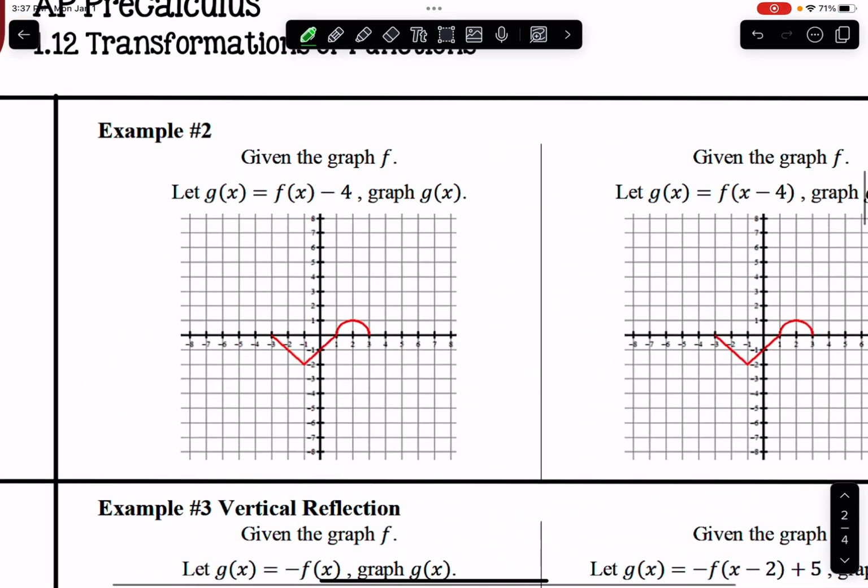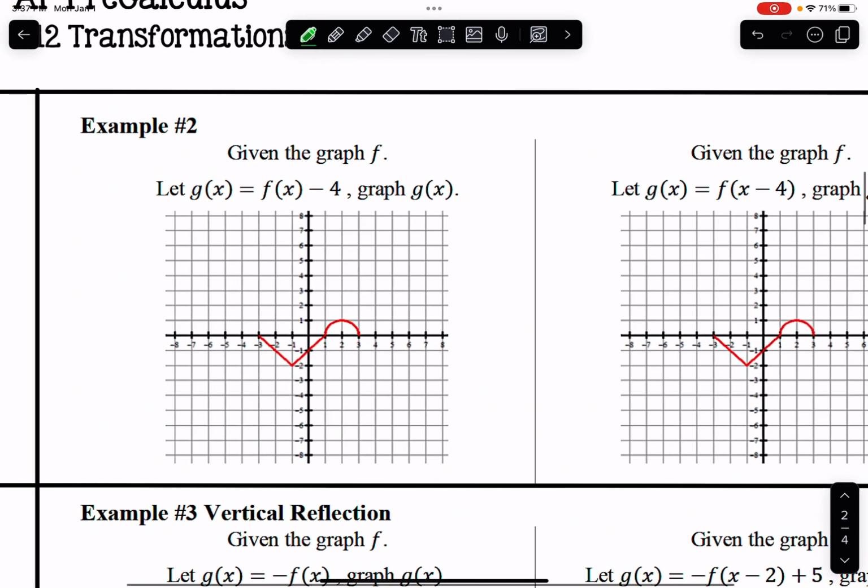Okay, example 2. We have it moving down, translated down 4. So every point would just be moved down 4. Just do this in your notes so you'll have it.